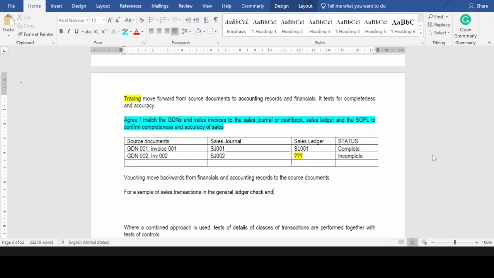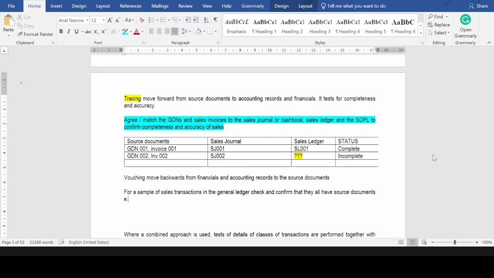Check and confirm that they all have source documents, e.g. they all have corresponding source documents, invoices.